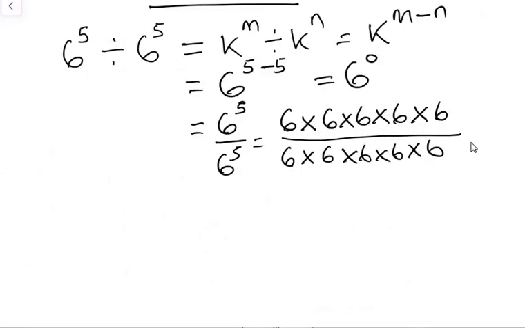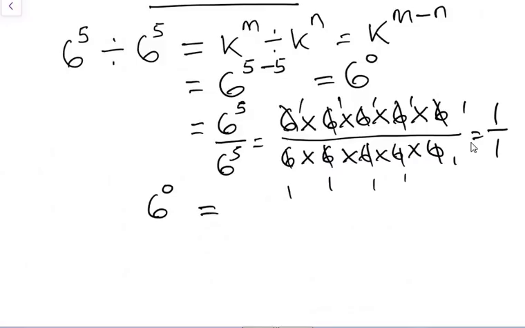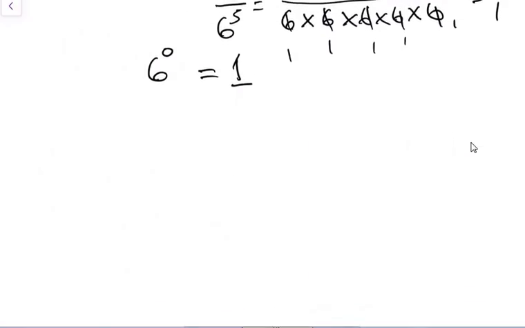And what happens? This will cancel this one. All of them will cancel out. And then we have 1 over 1. So we can see clearly that 6 raised to power 0 equals 1. So please remember, as a bonus, any number raised to the power of 0 equals 1.